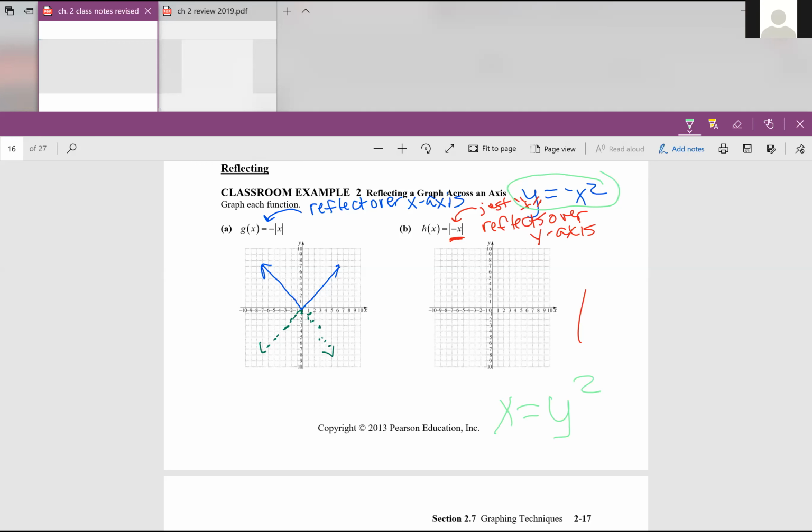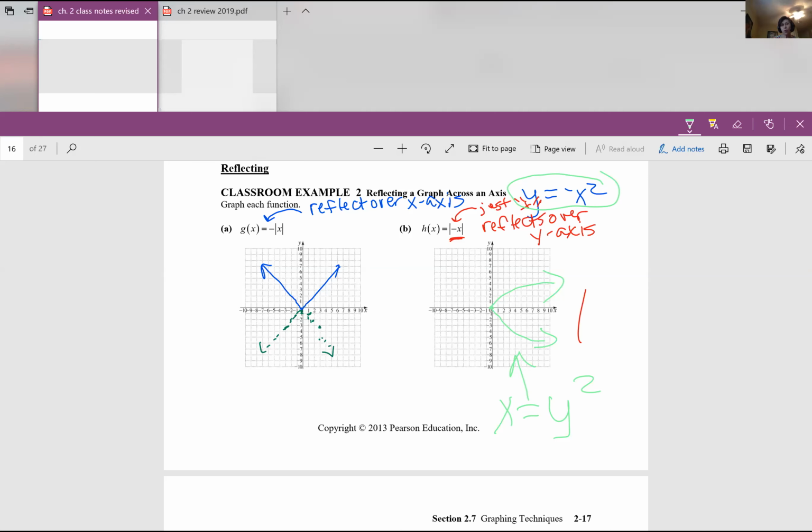It's going to open to the right, sideways, right? This one, I'm just going to stick it here, would look like this. And that one's not going to be a function, is it? No. Okay.